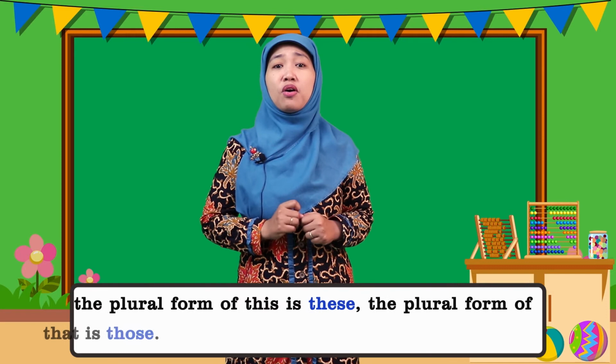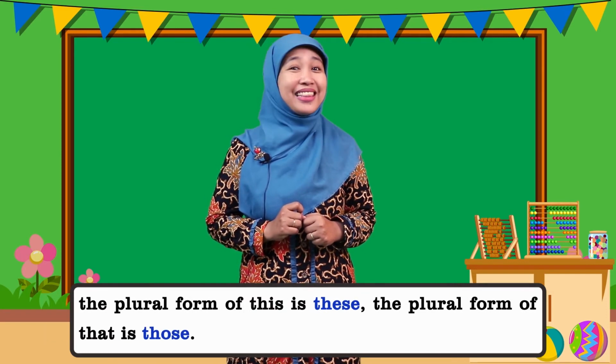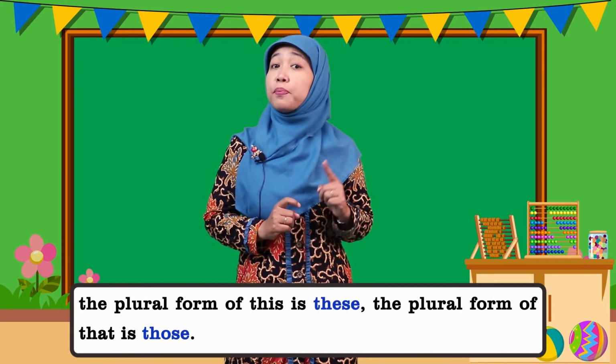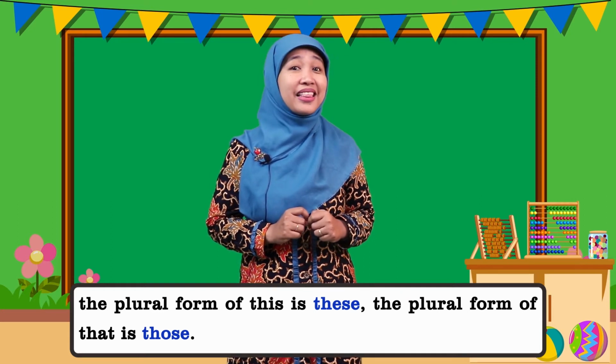The plural form of this is these, and the plural form of that is those. What are these? These are bolsters, or they are bolsters. What are those? Those are pictures, or they are pictures.